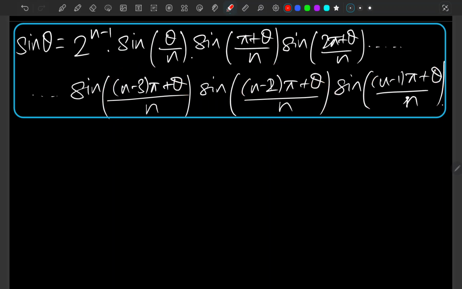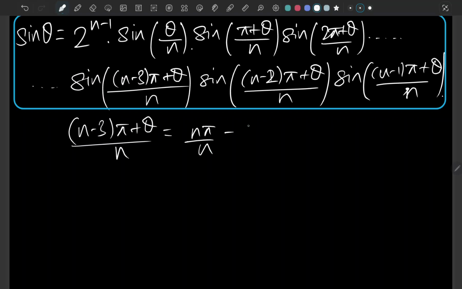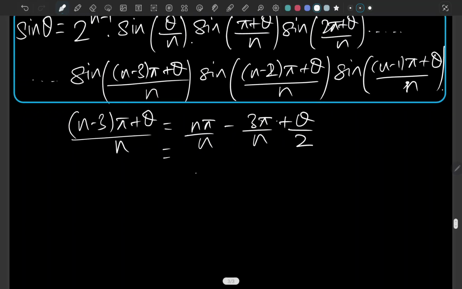So next we can write them as well. If we talk about this one, it's n minus 3 times pi plus theta over n. So let's do something here: n pi over n minus 3 pi over n plus theta over n. So it is pi minus 3 pi minus theta over n.